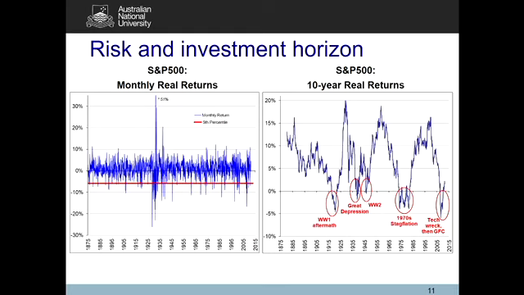This gives you another example of how risk can depend on essentially your investment horizon, or who the investor is, but the example here is the investment horizon. You've got the exact same asset, which is the S&P 500. You've got monthly returns, and you've got 10-year real returns. If you're a short-term trader, you're going to care about this graph on the left.